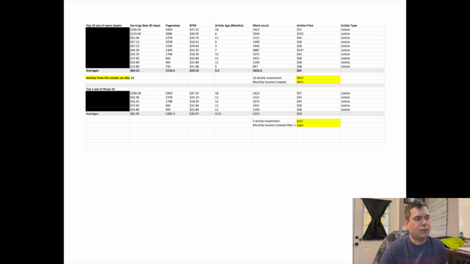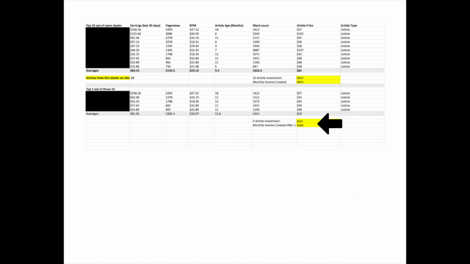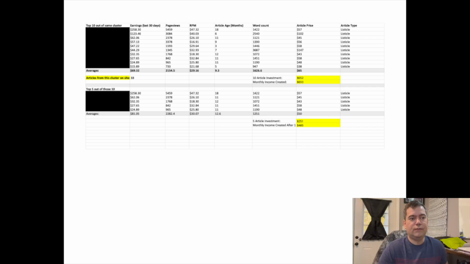And this is also where the average return per month after a year is $81. And you can see some other averages I came up with here. But the final totals are, for these 5 articles, it was just a $251 investment. And after 1 year, from just that $251 investment, I have created $405 per month recurring, maybe indefinitely.